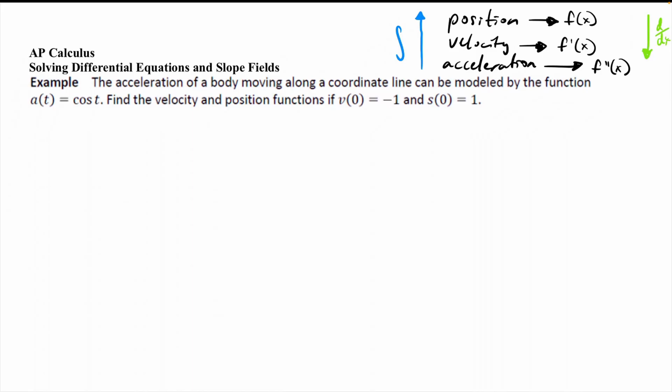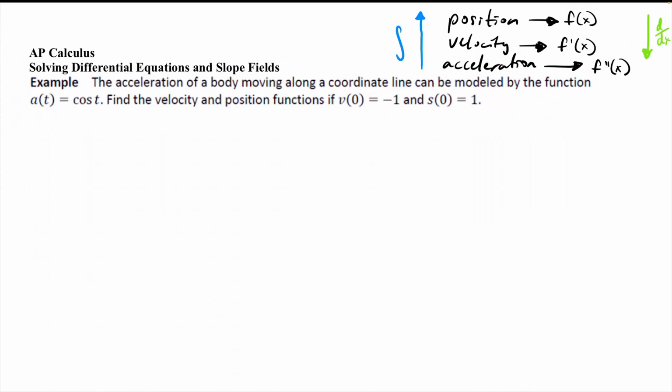So this question says, the acceleration of a body moving along a coordinate line can be modeled by the function a of t equals cosine of t. Find velocity and position functions if v of 0 equals negative 1 and s of 0 equals 1.